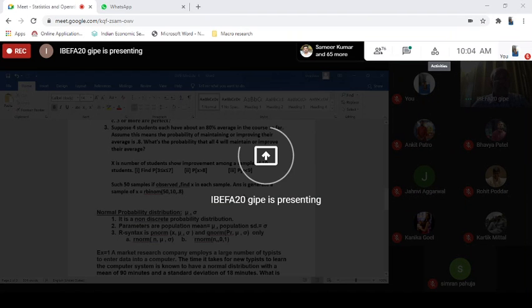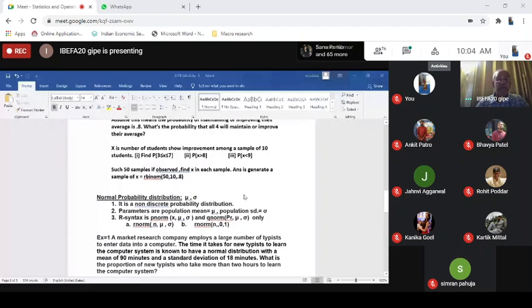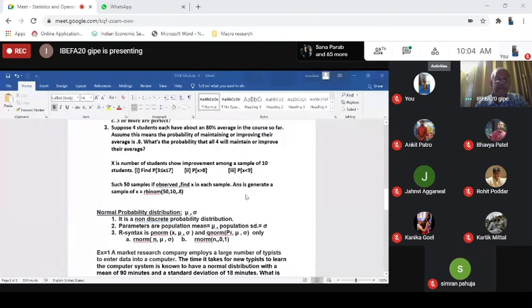Suppose 4 students each have about 80% average in the course so far. That is, the probability that a student gets a better average is 0.80.